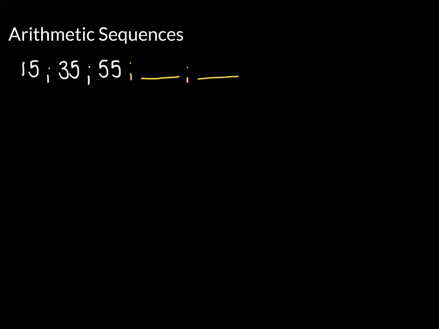Now what we can do here is use this information in order to figure out exactly how many kilometers she added onto each day. And we can do that by using the common difference, because we know between 15 and 35, she added a couple of kilometers. And between 35 and 55, she added another number of kilometers. So we can use the common difference to find exactly what that is. And we know the common difference, when we calculate it, is our third term, T3, minus our second term, which is equal to our second term minus our first term.